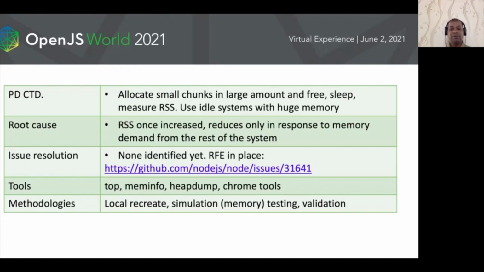In my small C test case, I allocate small chunks of memory in rapid succession, but in large amount, and then immediately free all that memory. For example, 2 KB chunks, 1,000 such chunks, allocated from the free pool and then freed immediately, then sleep for some time to see if the RSS that shot up would come down or not.